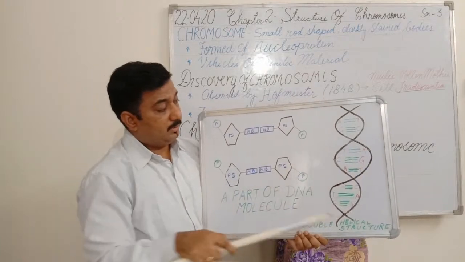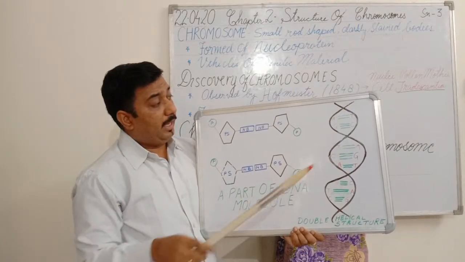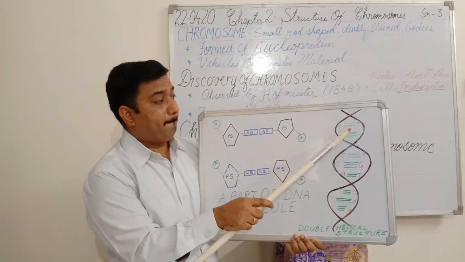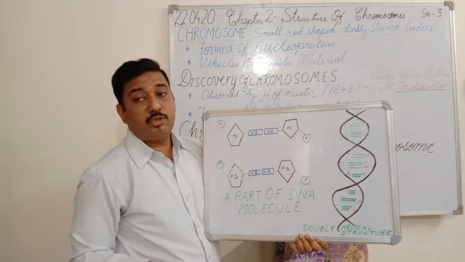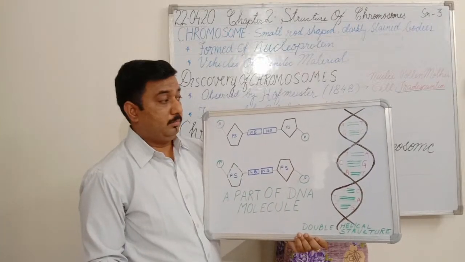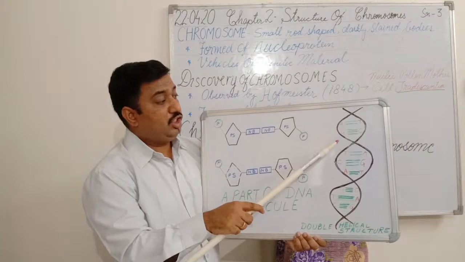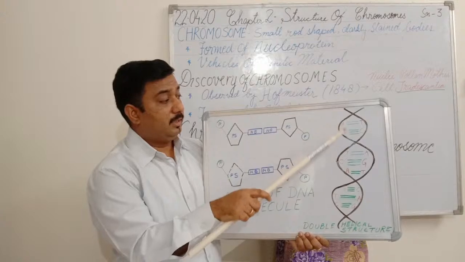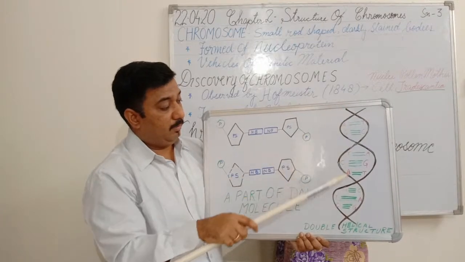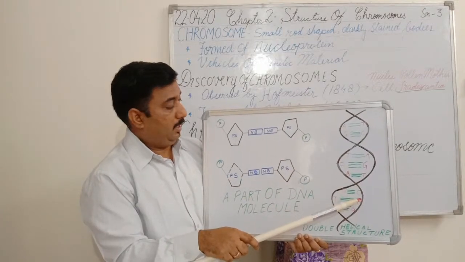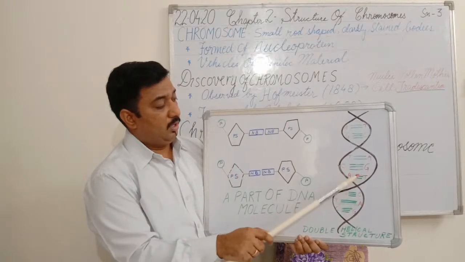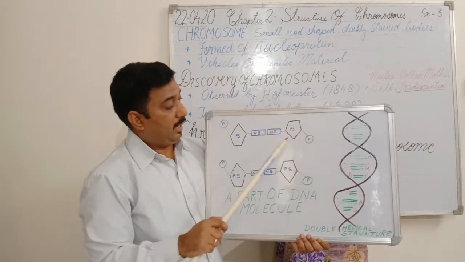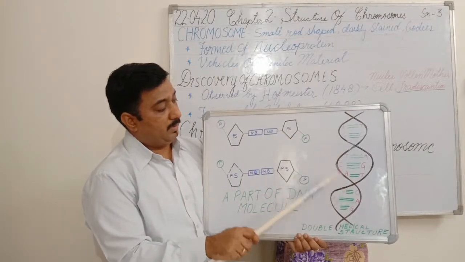You will also find that between adenine and thymine the number of hydrogen bonds present is 2, whereas between G and C, that is guanine and cytosine, the number of hydrogen bonds present is 3. In the same way the nitrogenous bases will be arranged. These nitrogenous bases are represented here by C, G, T, A, and the phosphate sugar will be present on this side.